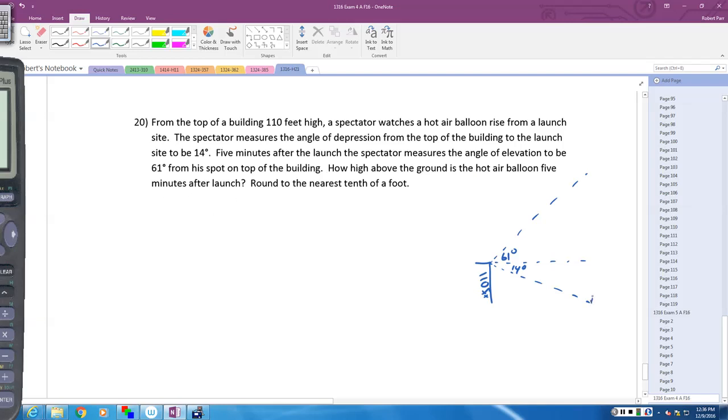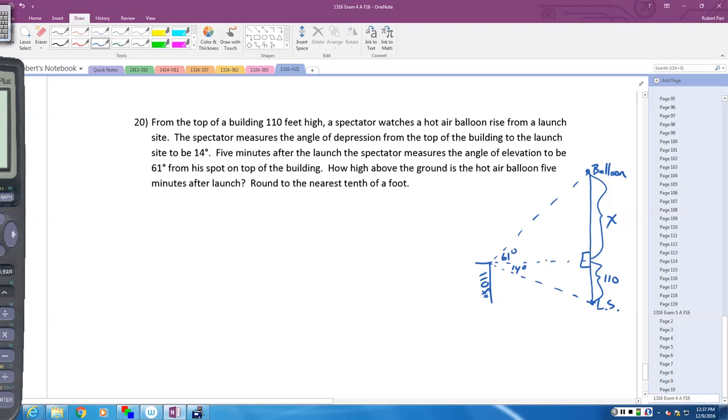Well, how high is this? There's our hot air balloon right up here. This is the ground, the launch site. This distance right here is 110, and we need to know what this distance x is. The total height will be x plus 110. I have two right triangles.